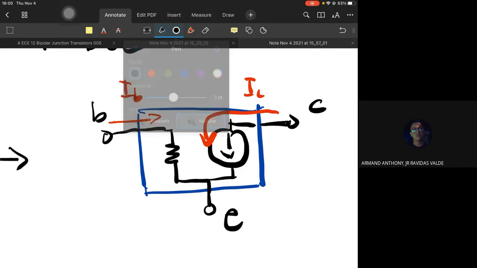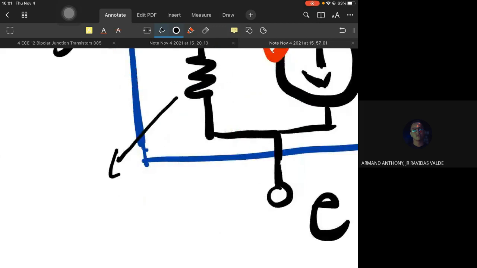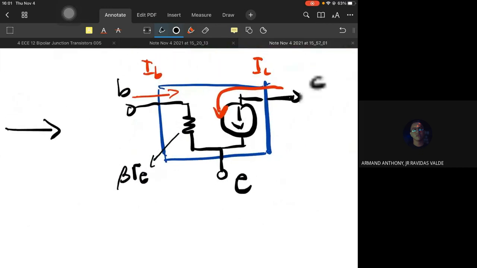So what are the values of the resistor and the current source? The value of the resistor would be equal to beta, the usual beta, times a parameter RE. And this RE can be computed.